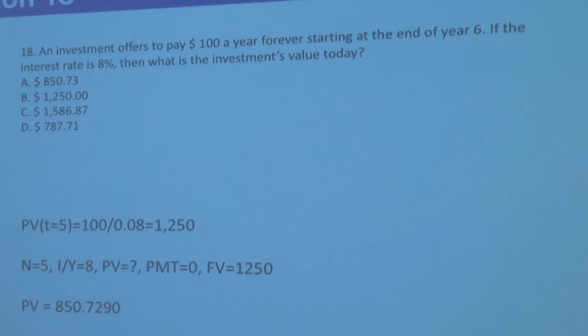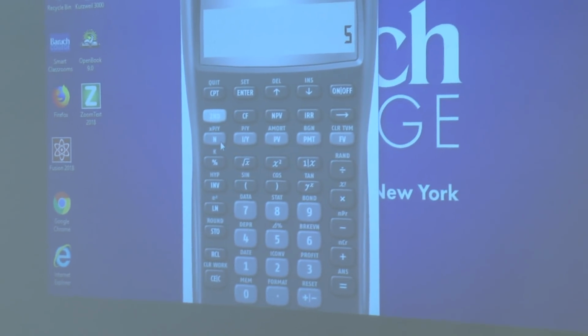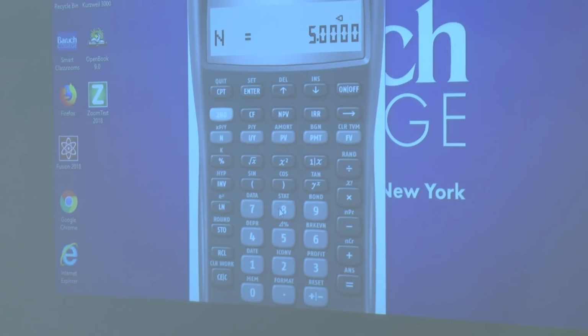So to do that, on the calculator, I have 5 periods. 8% is the interest rate. 1,250 is the future value. 0 is the payment.